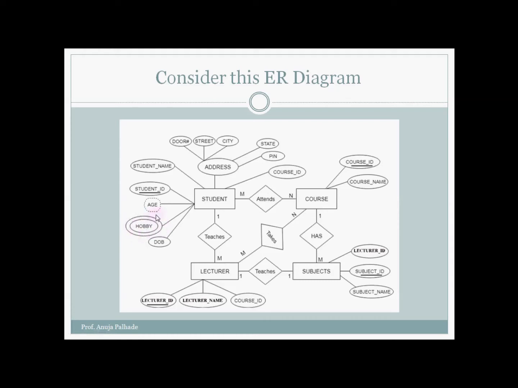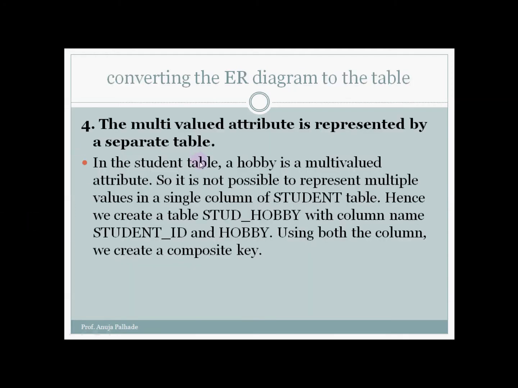It is going to be an independent table. In the student table, hobby is a multi-valued attribute, so it is not possible to represent multiple values in a single column of the student table. We create a table student hobby with the columns student ID and hobby. Using both these two columns, we create a composite key for this hobby table.